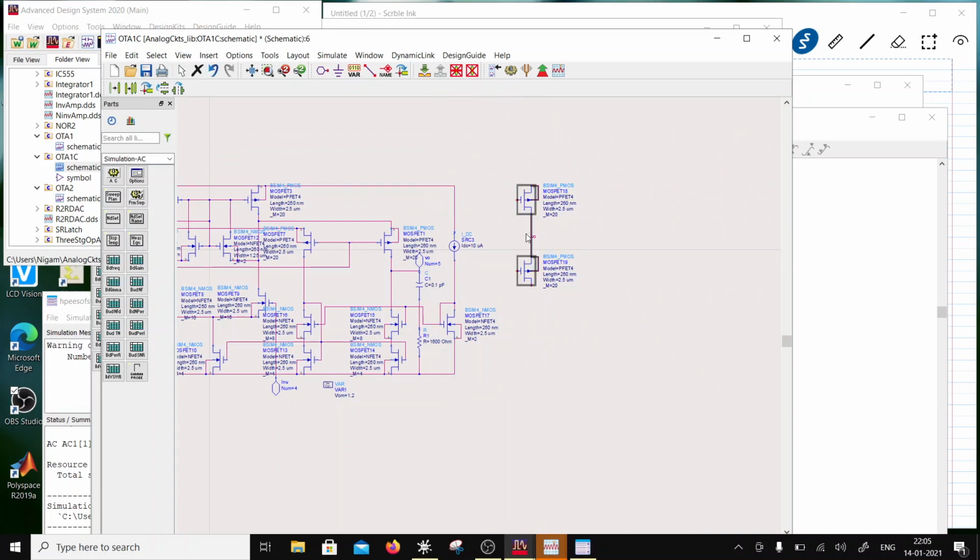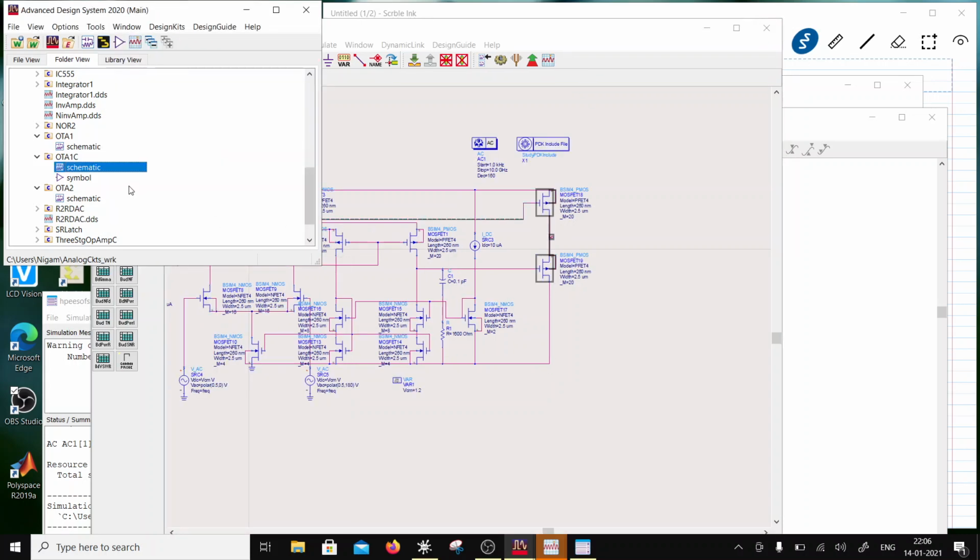And in this case my output would be this node, right? So let me just put this follower over here, okay, and this one is driven by that, and this one is grounded, and this pin I am going to attach to the output. So in this case this pin would be connected to this output. Okay, so this is my OTA1.